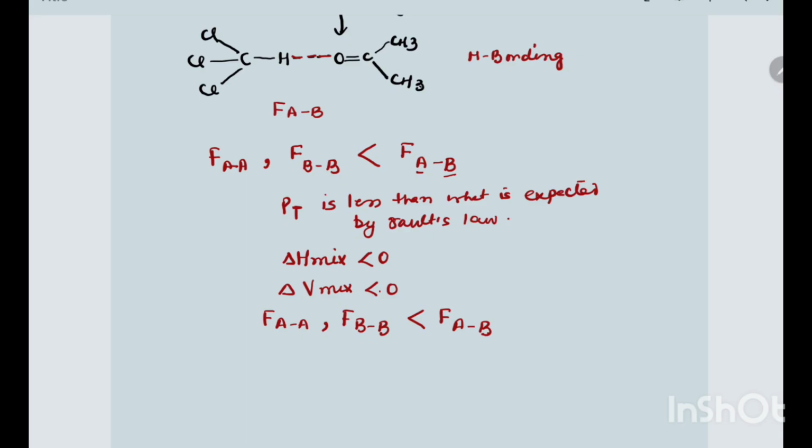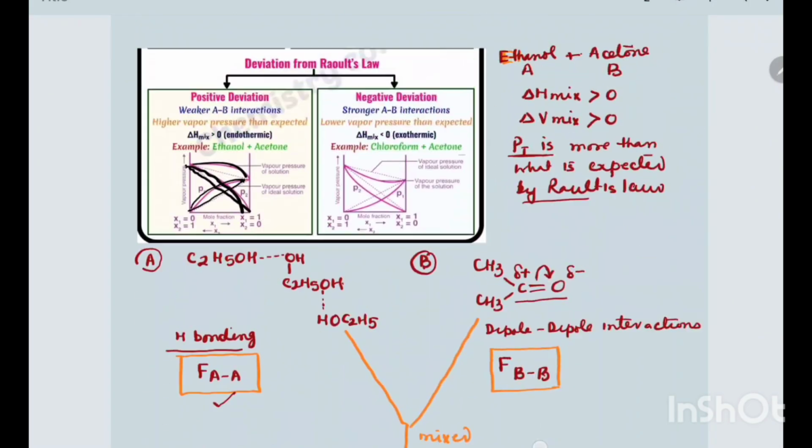So because the total partial pressure is less than what is expected by Raoult's law, we say that this solution shows negative deviation from Raoult's law.